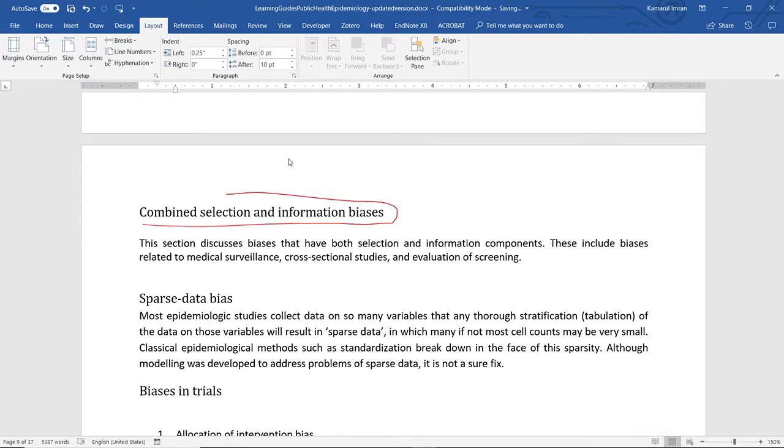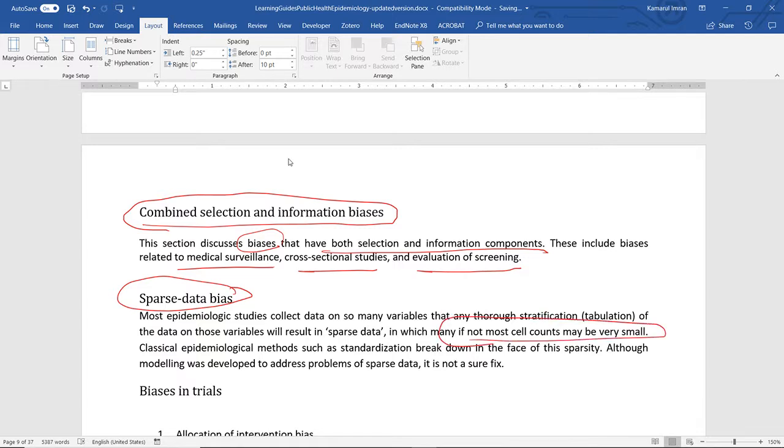Combined selection and information bias means biases that have both selection and information components. For example, medical surveillance, cross-sectional studies, and evaluations of screening. Sparse data bias: small sample size.